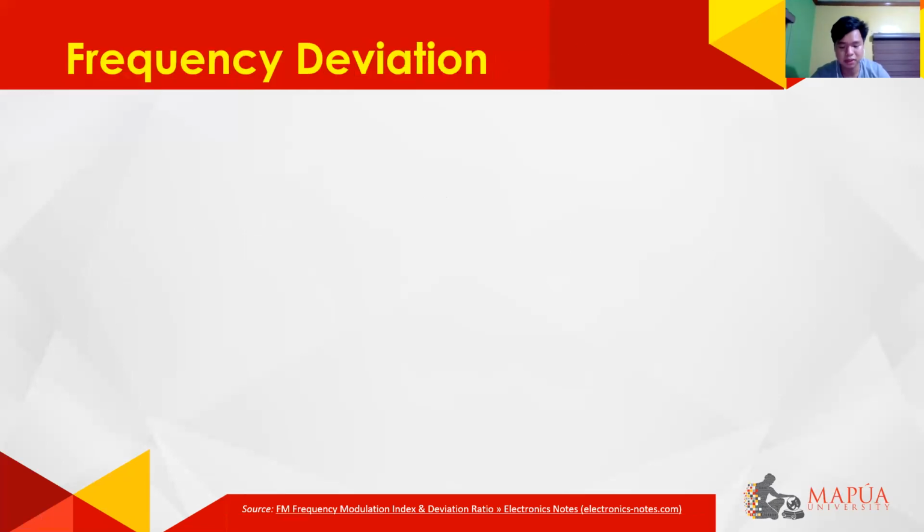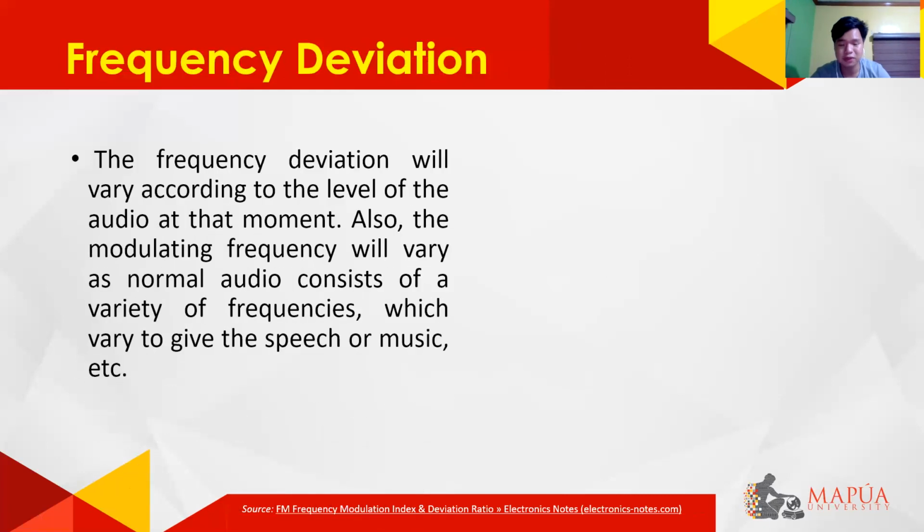Okay, so we also have here the frequency deviation. The frequency deviation will vary according to the level of the audio at that moment. So also the modulating frequency will vary, as normal audio consists of a variety of frequencies, given the speech or music, etc. So the frequency deviation and the frequency modulation index are somehow similar to each other.